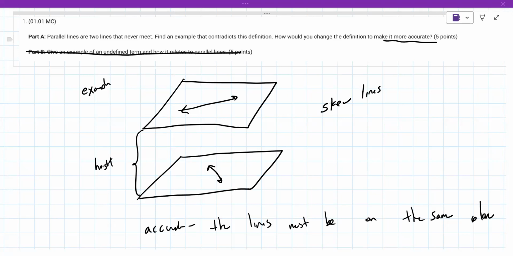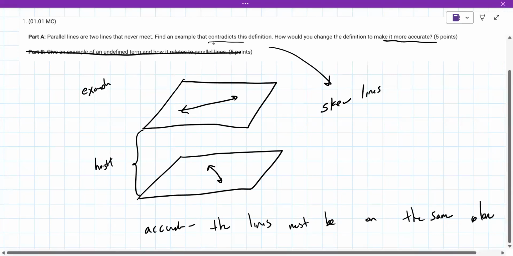So an example that would be skew lines, the contradicting example, is the skew lines.